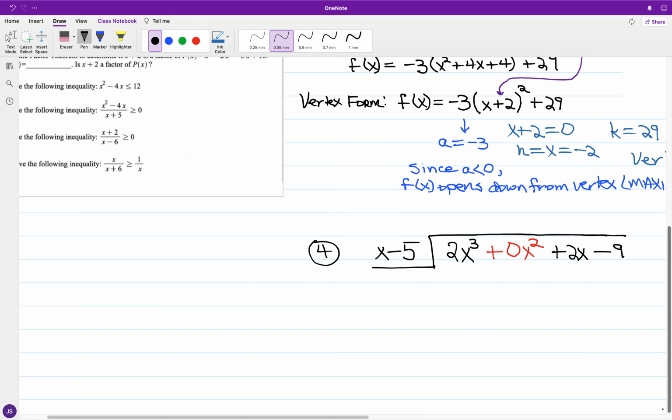I could perform long division, but since it says to use synthetic division, I have x minus 5, and reformatting the long division setup along the lines of synthetic division, we take the zero of x minus 5, which is going to be 5.